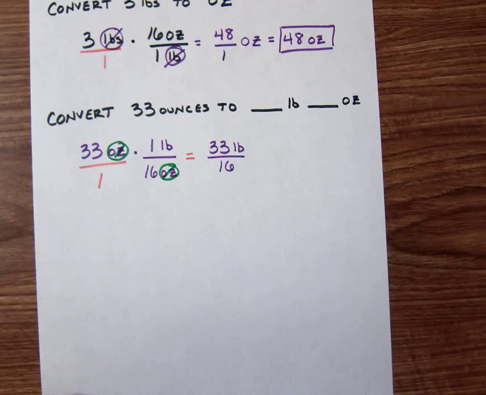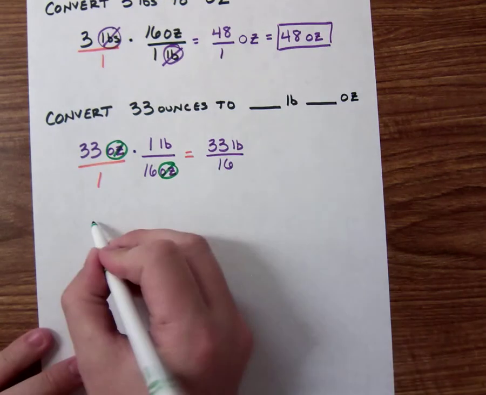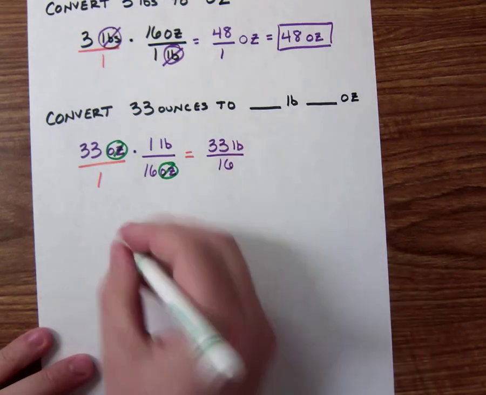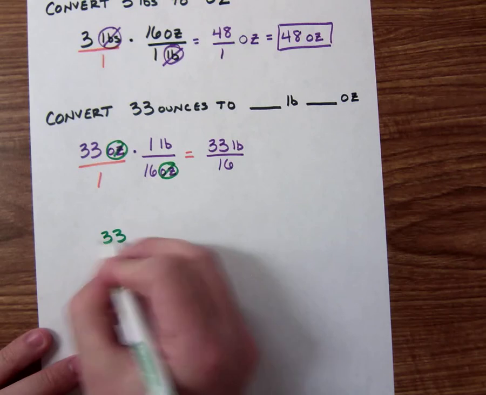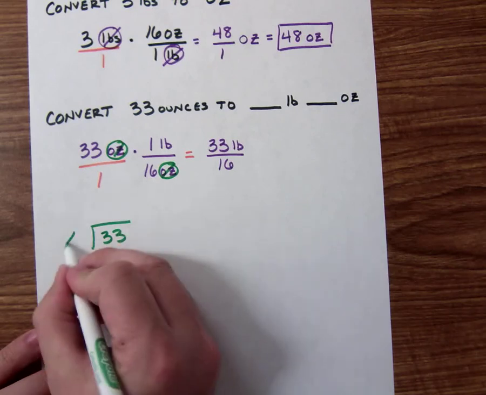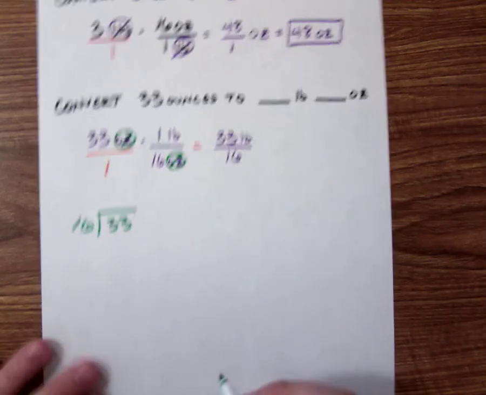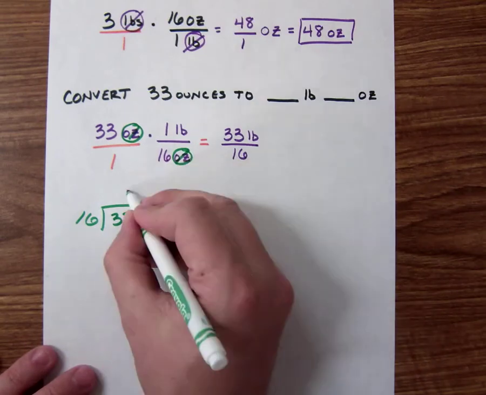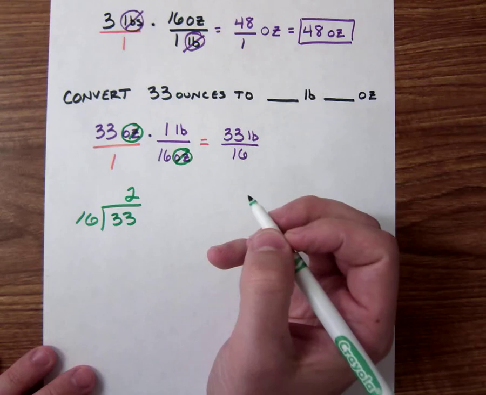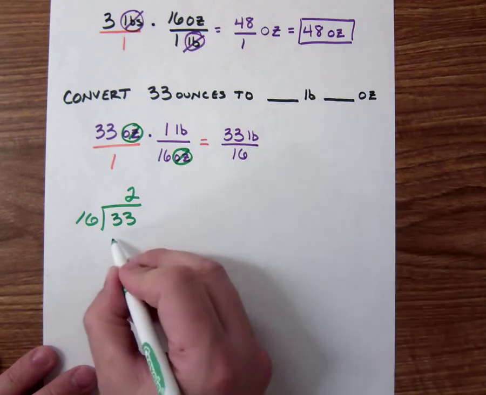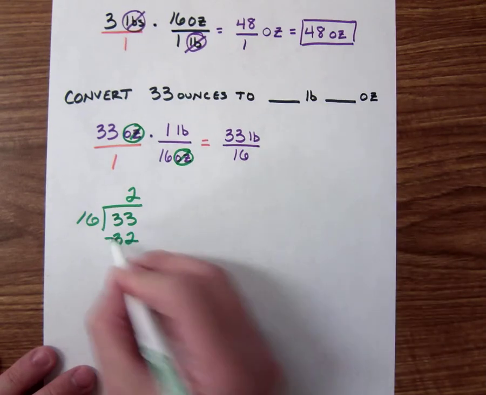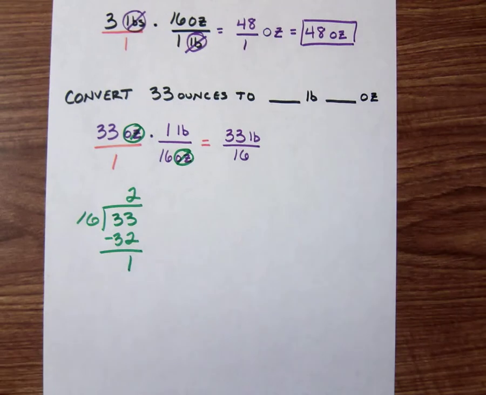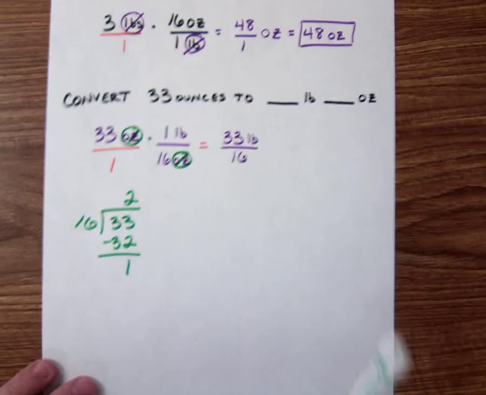Okay, so I want to do 33 divided by 16. A fraction line means divided by. So 33 divided by 16. And as we expected, when we start dividing, 16 will go into 33 2 times. So that's 2 pounds. 2 times 16 is 32. And we're left with a remainder of 1.